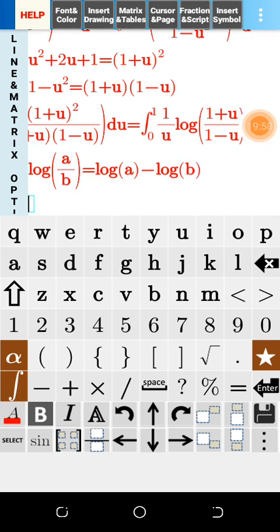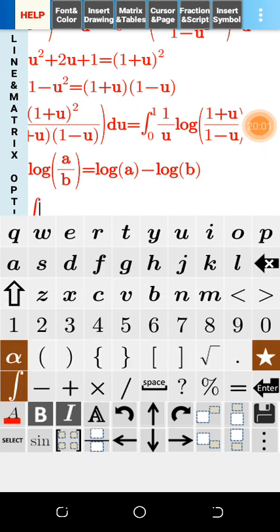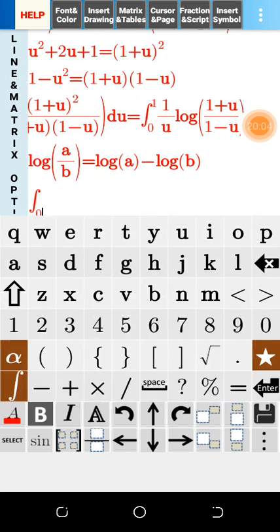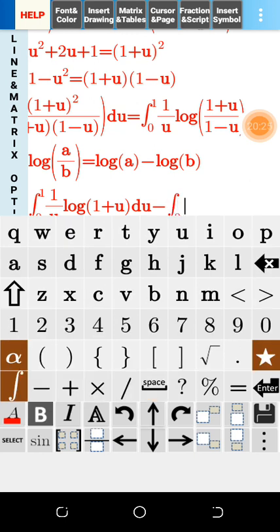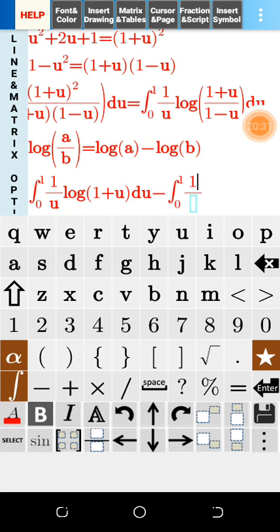So we have the integral from 0 to 1 of 1 over u log(1 + u) du minus the integral from 0 to 1 of 1 over u log(1 - u) du.